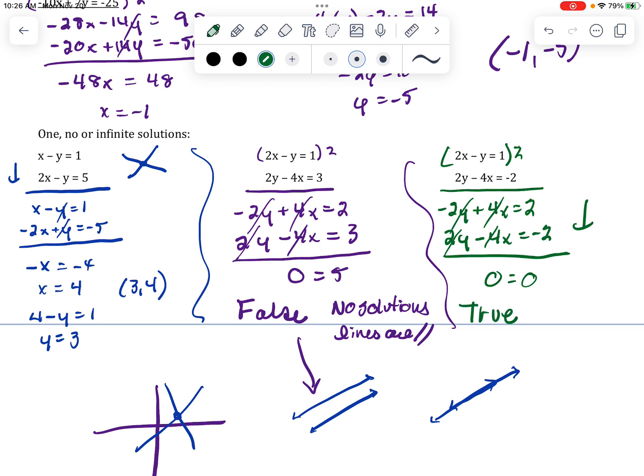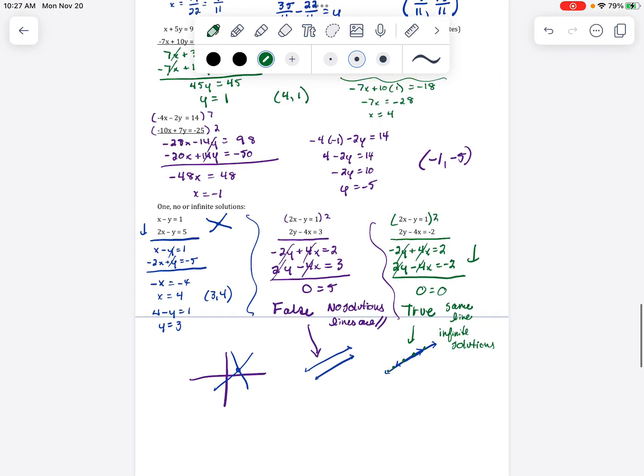And when I get a true statement, that means no matter which point you put in, no matter what x value and its coordinating y value you put in, you are going to get a true statement for both equations. So that's a case where you have the same line and infinite solutions. So for every x value, you're going to have a y value that makes both equations true, infinitely.